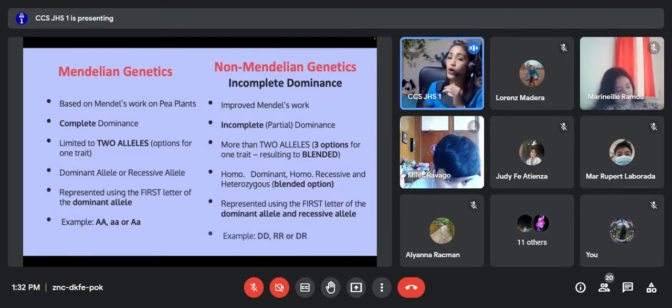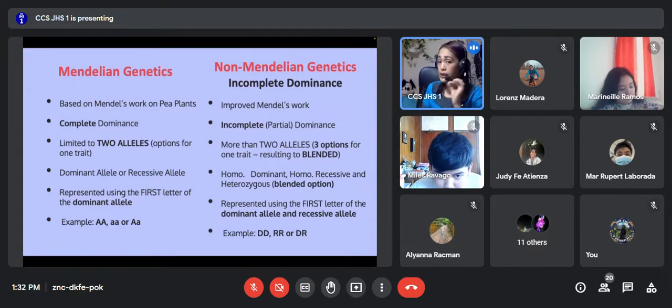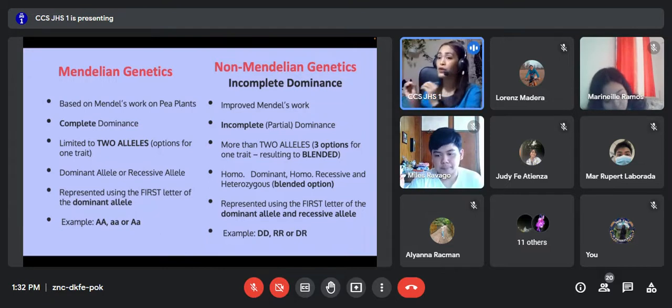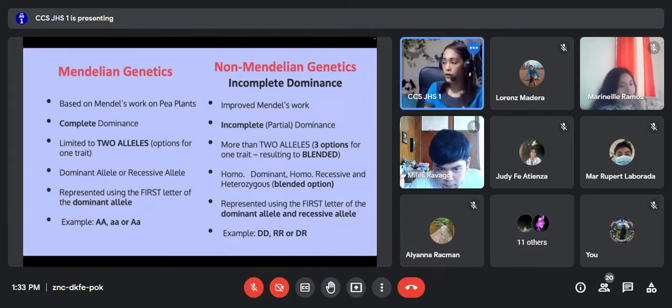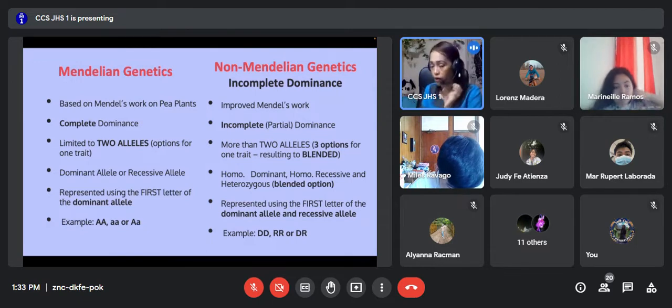But when you talk about non-Mendelian genetics, specifically incomplete dominance, we will be using individual letters, one for the dominant and the other one for the recessive. For example, the first letter for dominant is D, while the first letter for recessive is R. So you will have a capital DD, that's a homozygous dominant, and RR, that's a homozygous recessive.